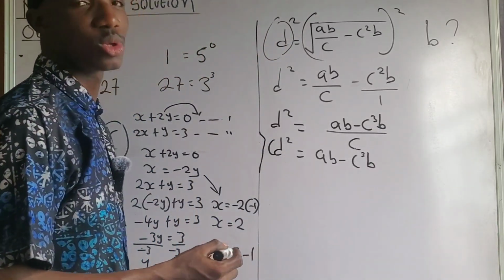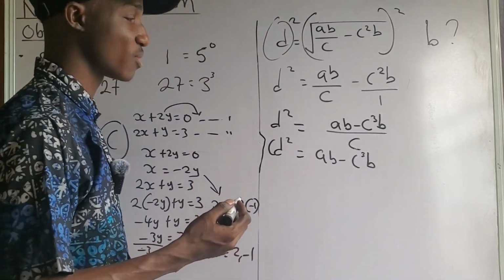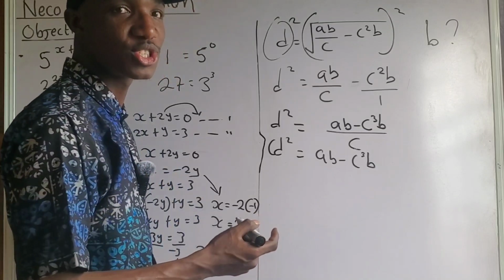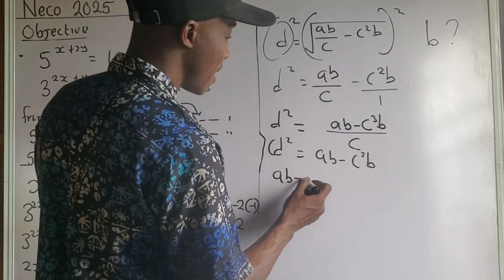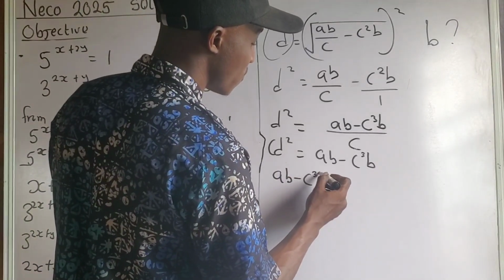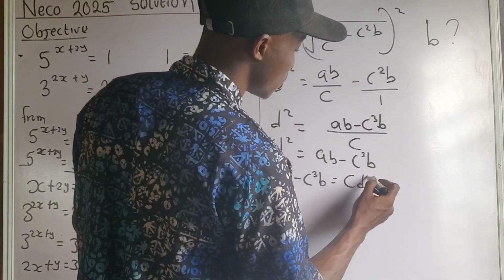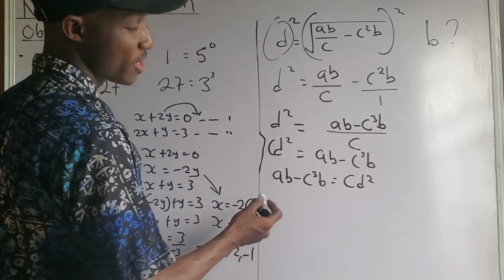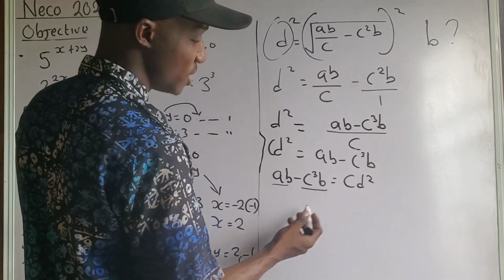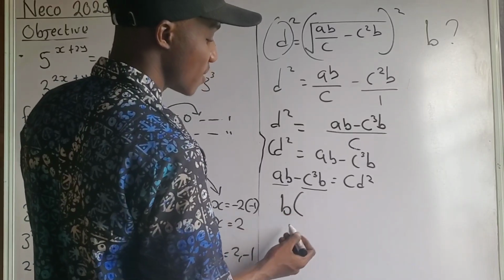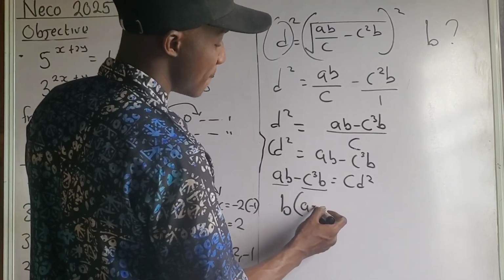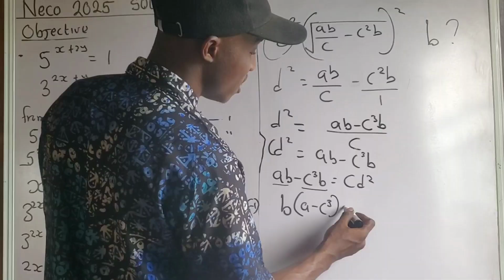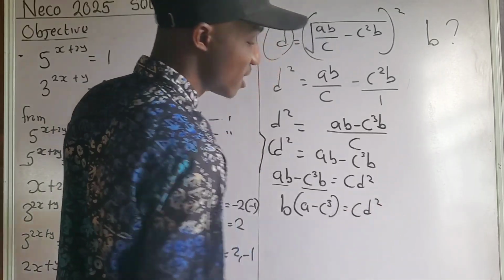You get it? Don't forget that the goal is to make B the subject of the formula. Okay, by transposition, I'm going to have AB minus C raised to the power of 3B equals CD squared. Now B is common to this, I can take B out. I'm going to have B into bracket A minus C raised to the power of 3 equals CD squared.